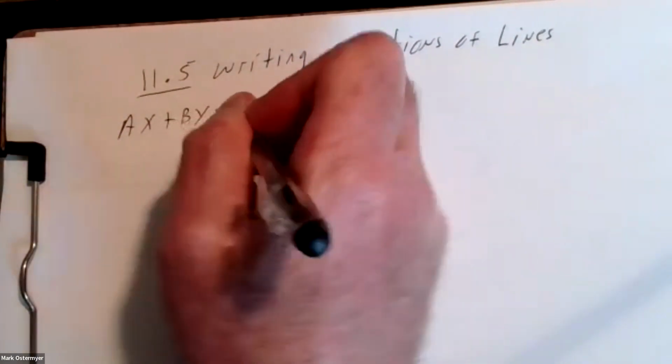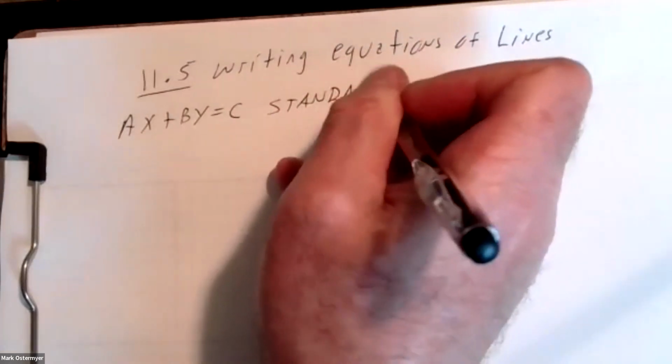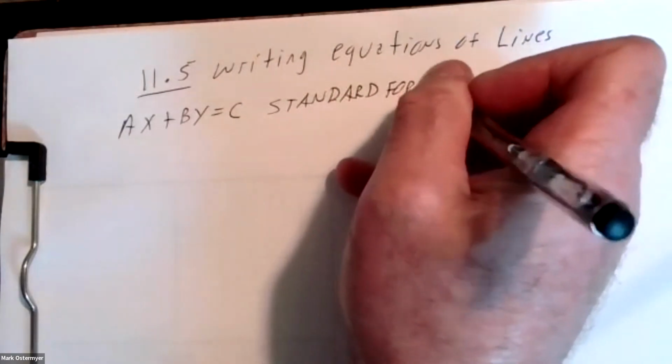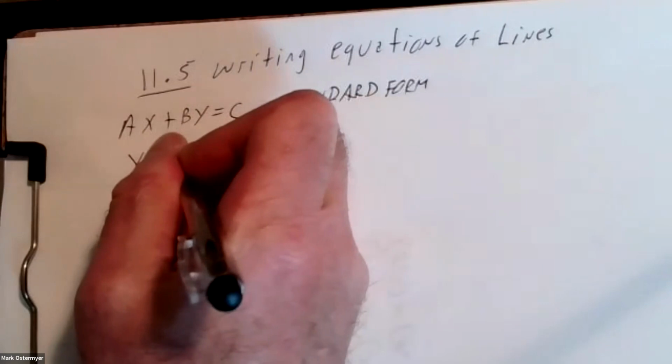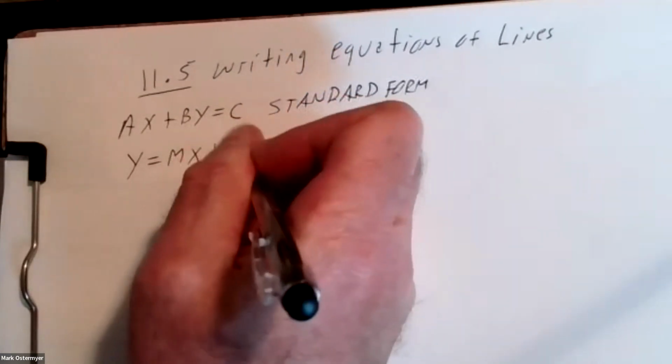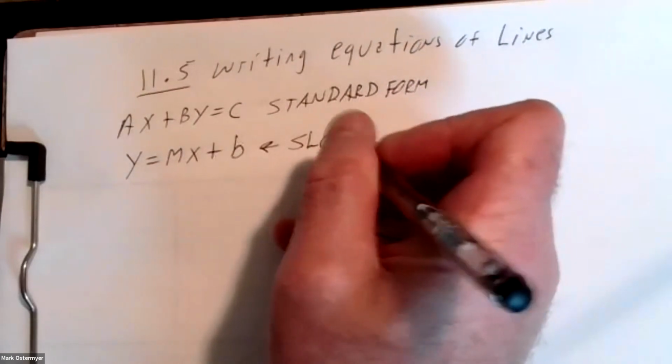Well, when a linear equation is in this form here, we say that the linear equation is in standard form. If you solve this linear equation for y and get it into this form, y equals mx plus b, we say this equation is in slope-intercept form.